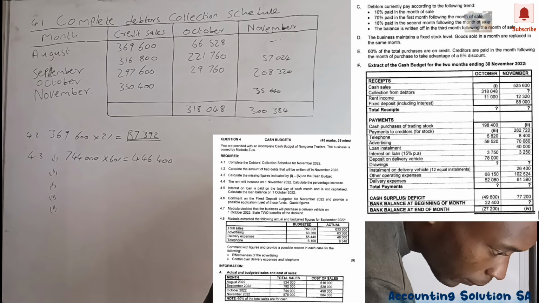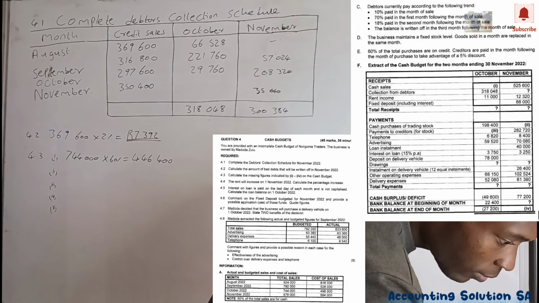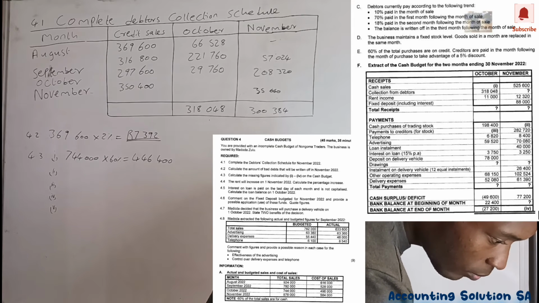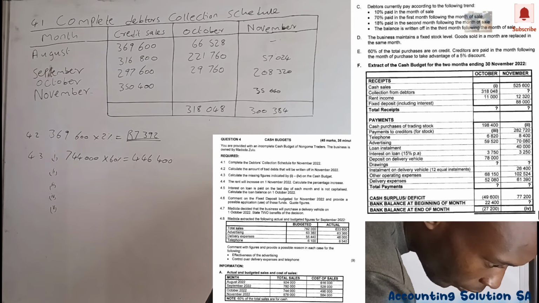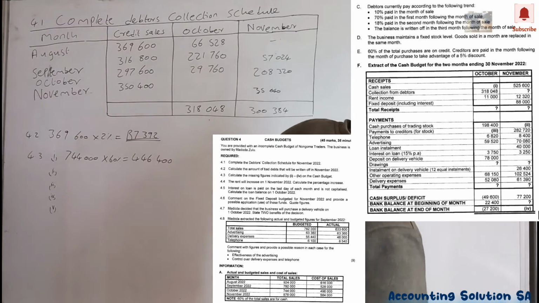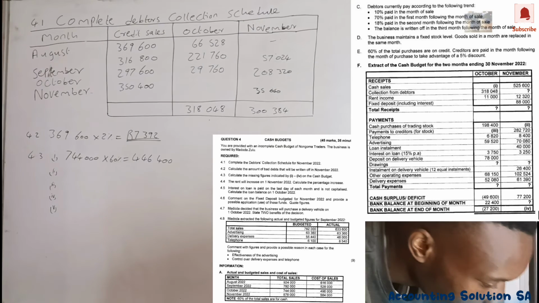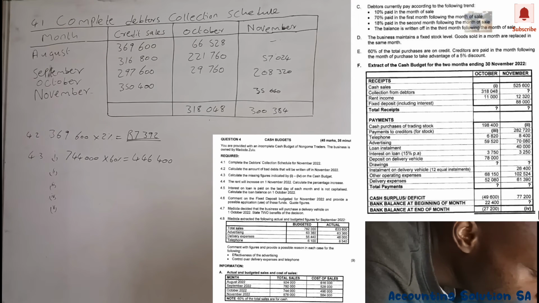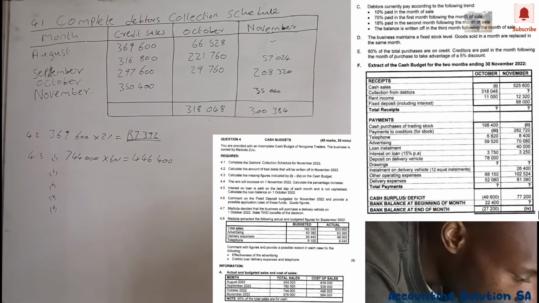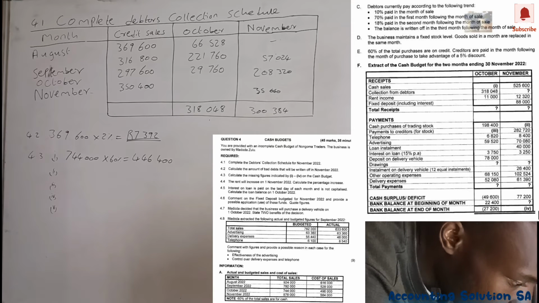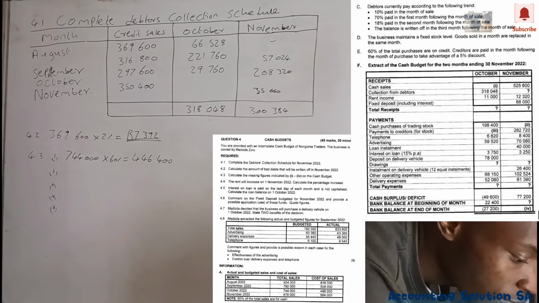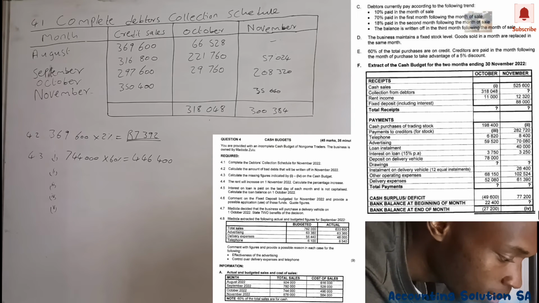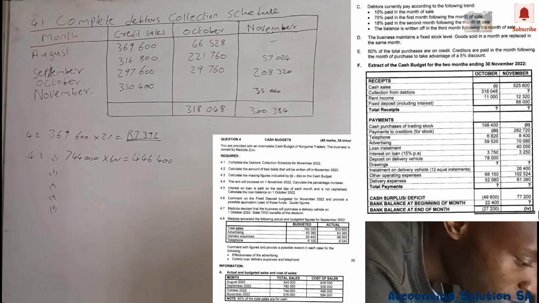For the second Roman figure, we have to calculate the cash purchase of trading stock. Let's go to the information related to that. They said 60% of total purchases are on credit, and creditors are paid in the month following the month of purchase to take advantage of a 5% discount.